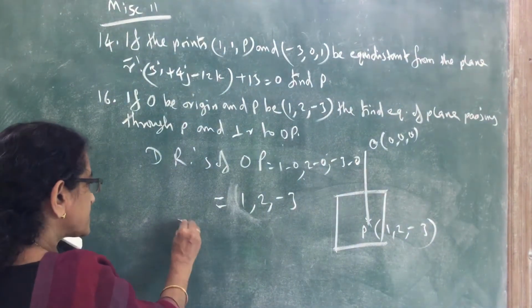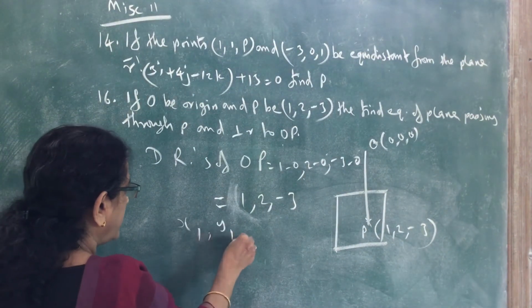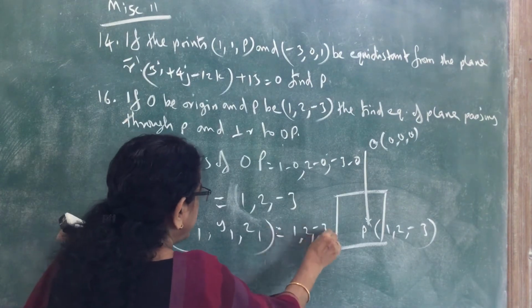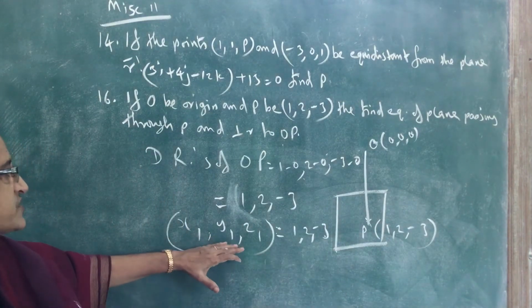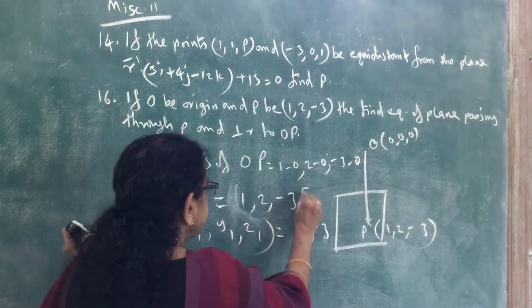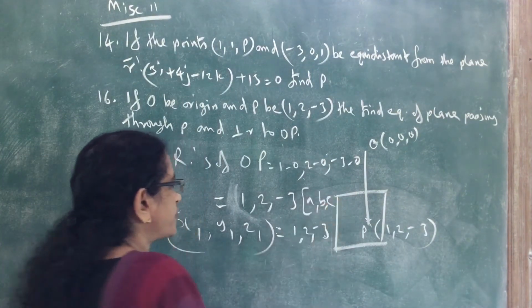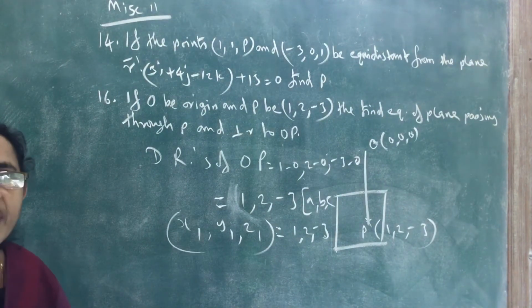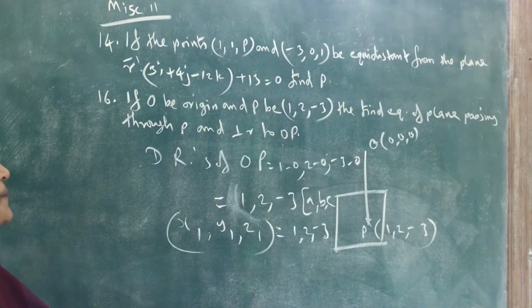And the plane passes through point x1, y1, z1, given point on the plane, that is (1, 2, -3). So using given point x1, y1, z1 and drs A, B, C, we can write the equation of the plane. If you know drs of the normal to the plane and one point on the plane, we can write the equation of the plane.